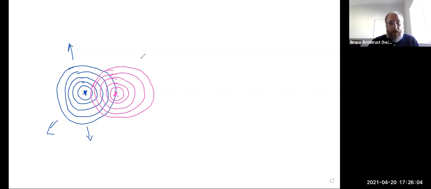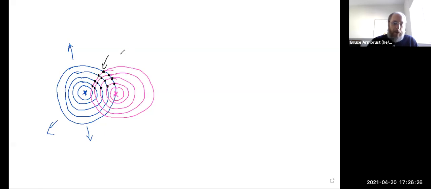But basically, if you were to look at any of the places where these lines come together, so let me put some black dots at where these lines come together. This is where you're going to have the crest of the wave from the pink source meeting the crest of the wave from the blue source, right?